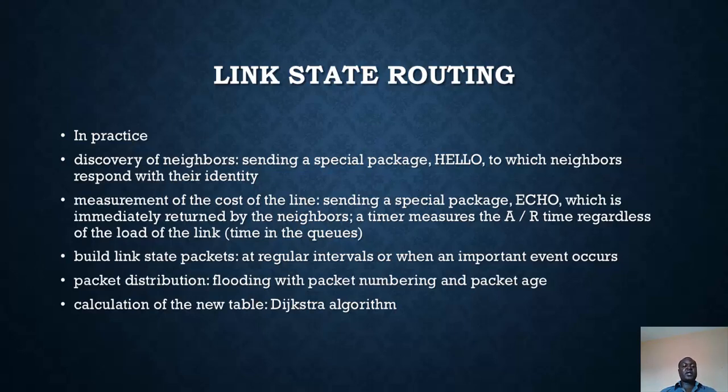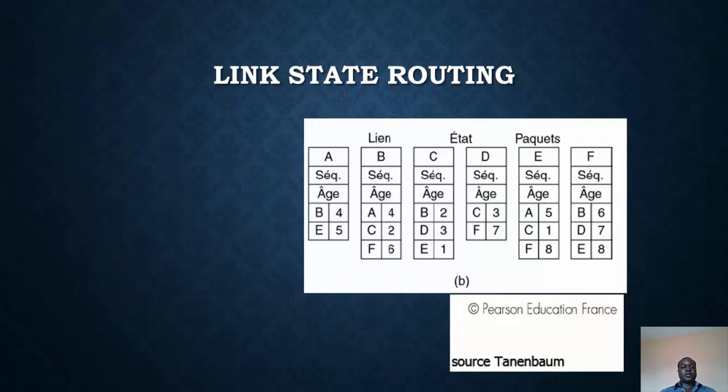Build link state packets at regular intervals or when an important event occurs. Packet distribution uses flooding with packet numbering and packet age. Calculate the new table using the Dijkstra algorithm.